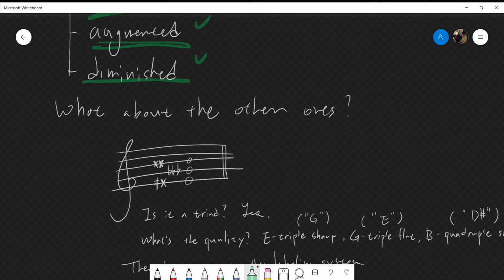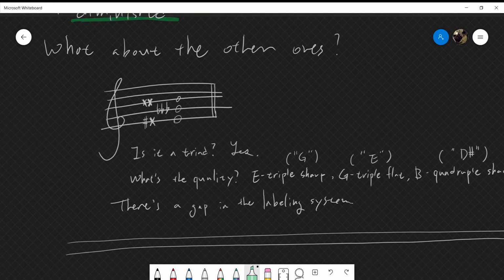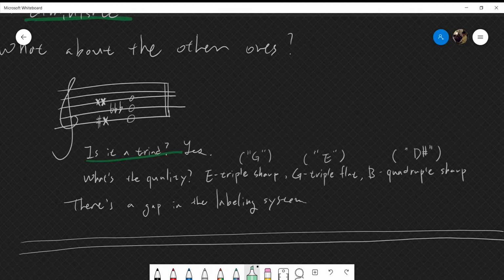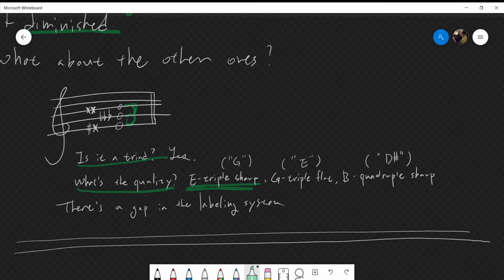For example, a triad like this is a triad, yes, because it is three notes stacked in thirds, right? However the thirds are stacked, it is a triad. But we have no name for this type of quality because there is no way to call E triple sharp, G triple flat, B quadruple sharp a quality, right?